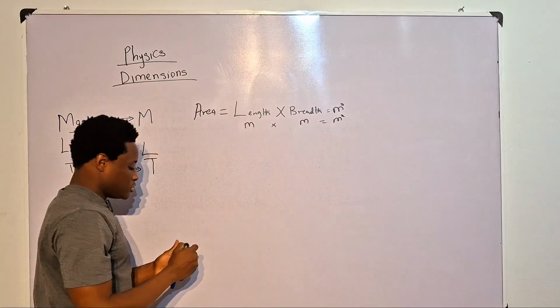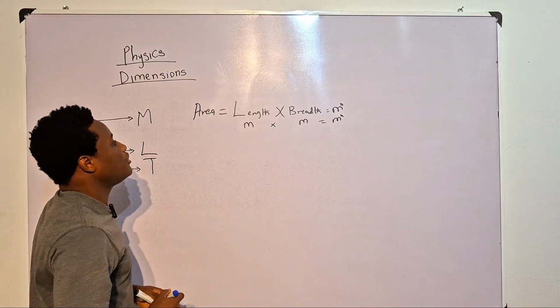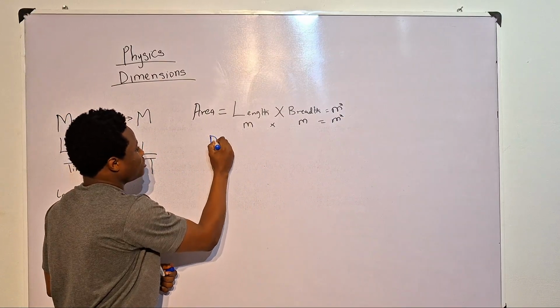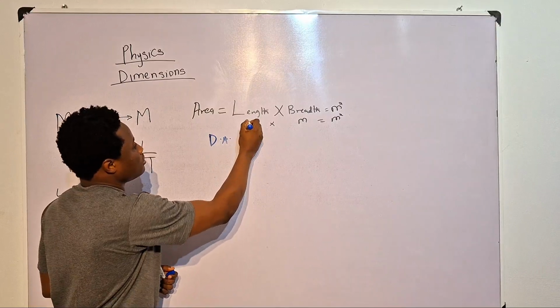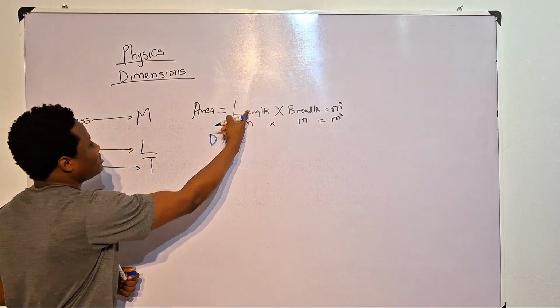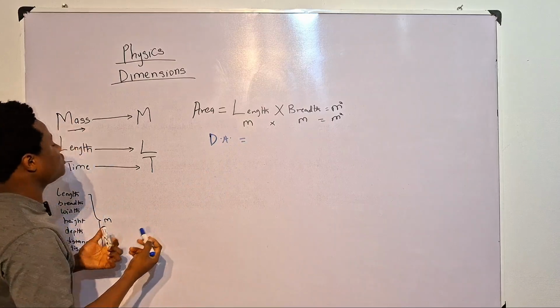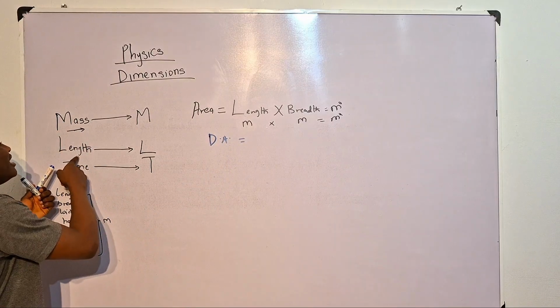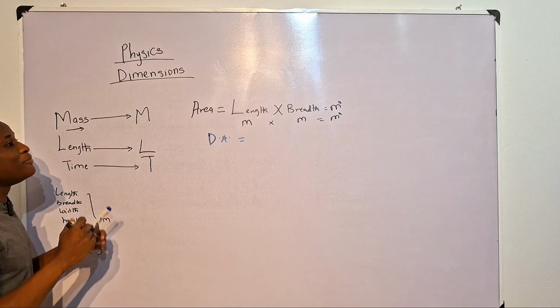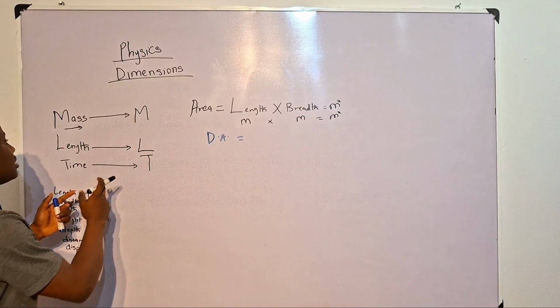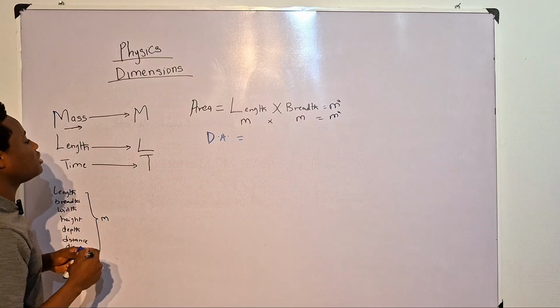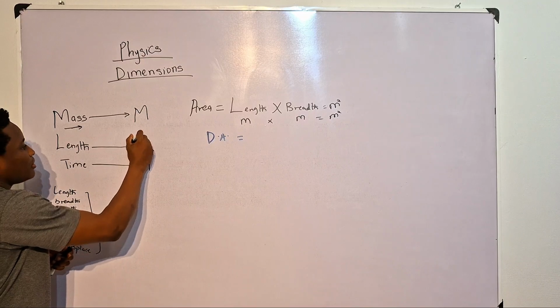And for us to get the dimensional analysis for area now, anywhere we have length, in the dimensional analysis, we represent length or meter. Anything meter in dimensional analysis, we call them length.